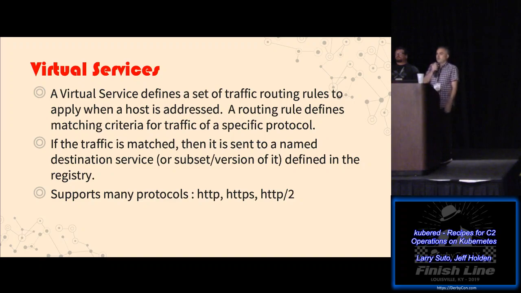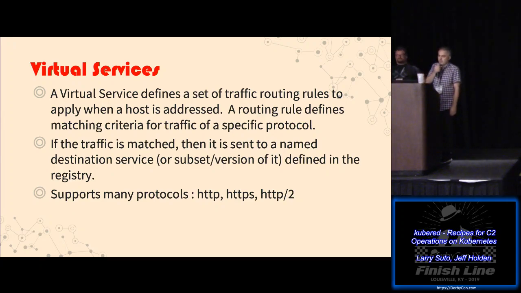And then the virtual service, as I mentioned before, defines the traffic routing rules to apply when the implant or beacon comes in. It's going to hit a host name, and the virtual service will get notification of that, and then it specifies the routing rules to access the actual running container. In here you can do what we talked about in Nginx Ingress.